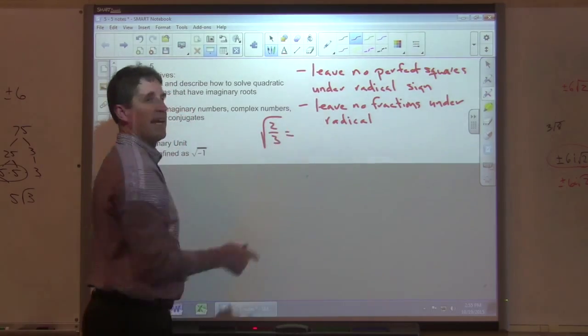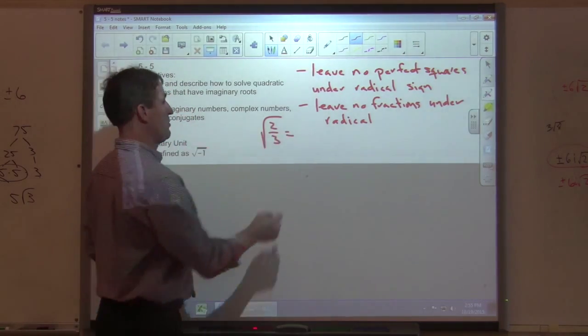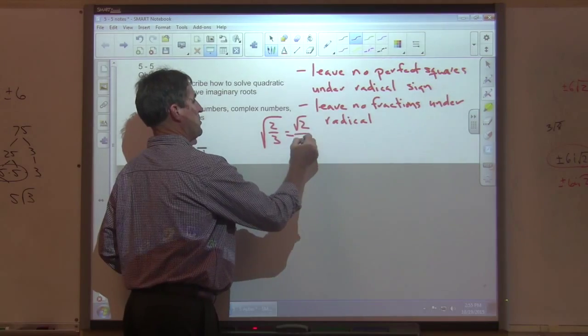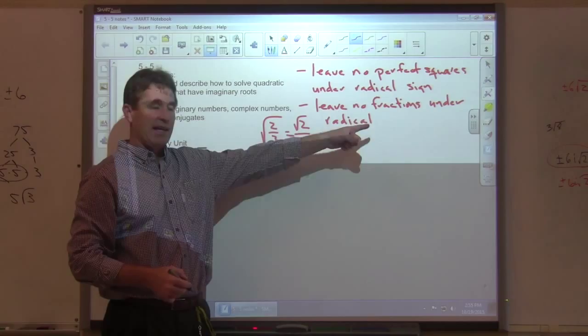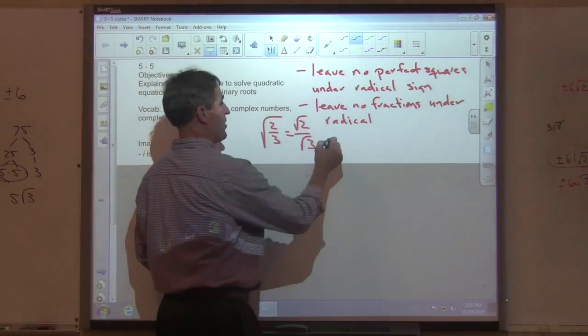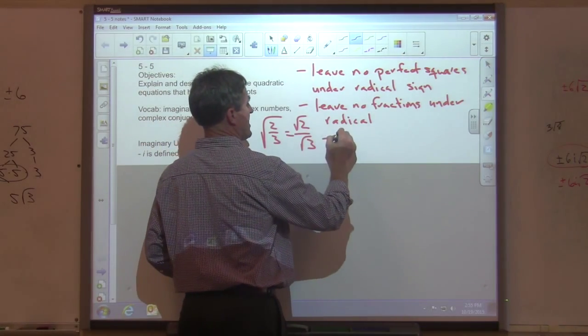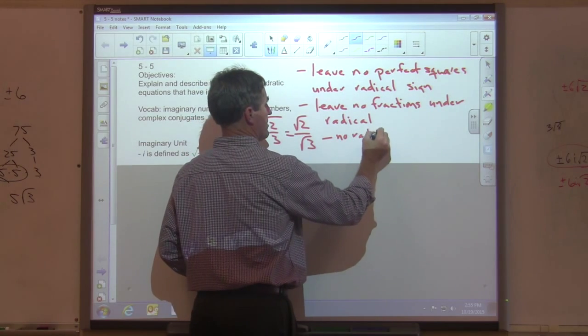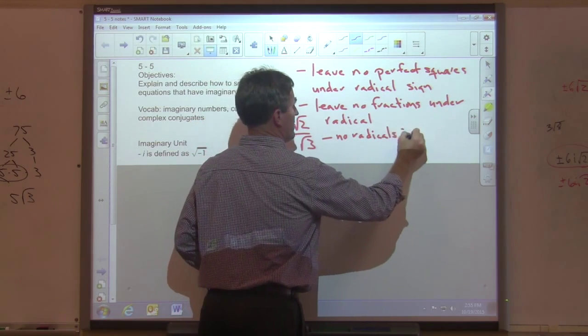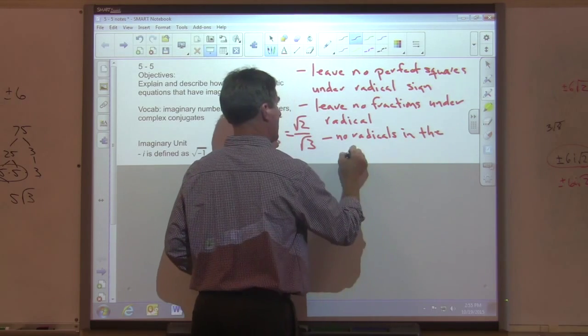Well, that's easy to take care of, rule 2. You just break it up into two parts: the square root of 2 over the square root of 3. And we've taken care of that case. But that causes a problem with our last rule that says no radicals in the denominator.